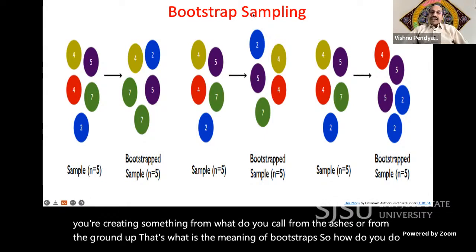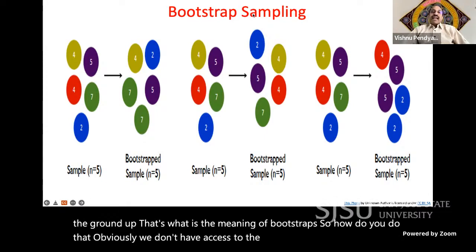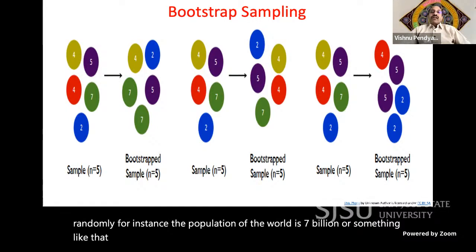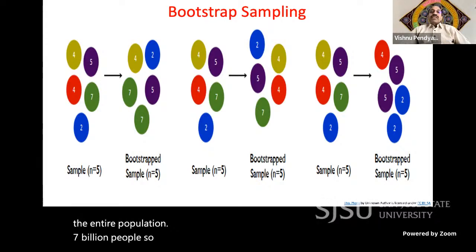Obviously, we don't have access to the entire population. For instance, the population of the world is 7 billion or something like that. We obviously cannot survey the entire population of 7 billion people. So what we do is we sample randomly, of course, but with replacement.